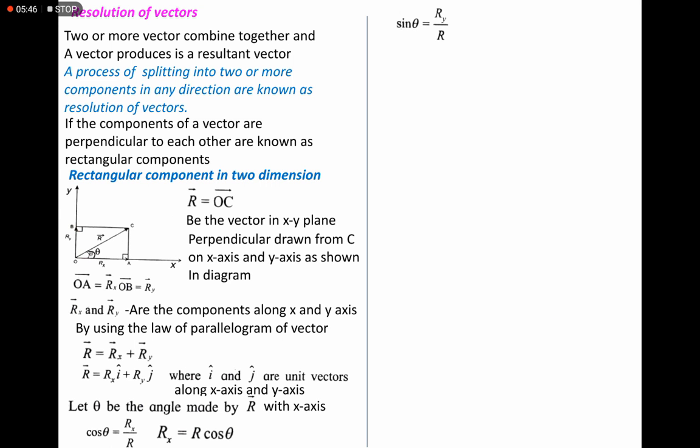In the same triangle, sin theta is Ry by R. Then Ry is equal to R sin theta.